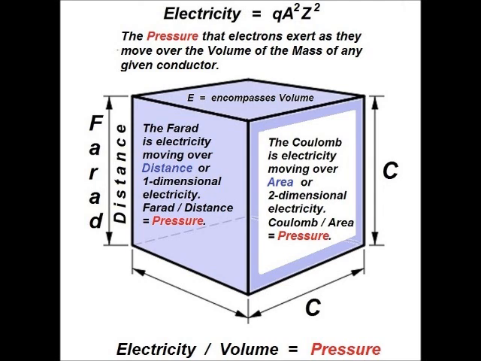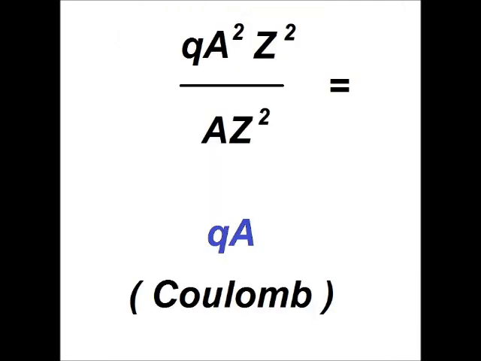And so if we divide qa squared z squared by az squared, which is distance, that will then give us electricity flowing over this cube, but only flowing over a side of the cube, or area. Thus, qa squared z squared divided by a single dimension, which is distance, or az squared, gives us qa, which is the electrical unit for the coulomb.